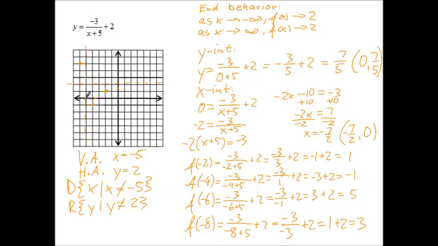So at -8, which is just one step off our grid, we get a y-coordinate of +3. These are our points, and now we can go ahead and graph our hyperbola. This is one leg of it, and this is the other one.